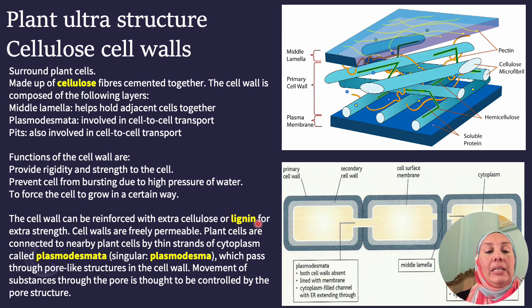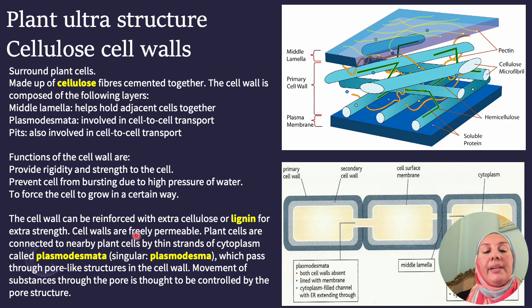And lignin not only gives strength, it will make the cell impermeable to water. So water cannot pass through the areas that contain lignin inside a cell. But it gives a lot of strength, and that you will find in the woody parts of a plant.